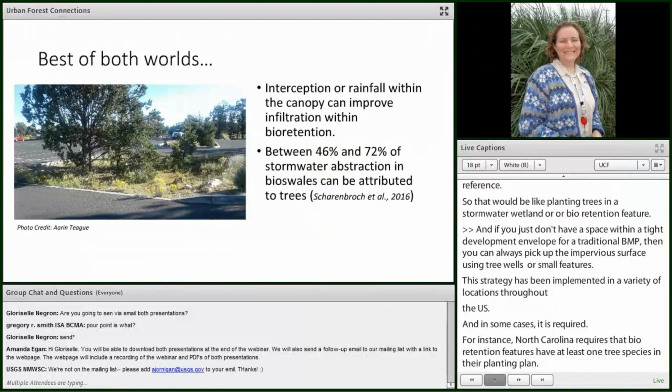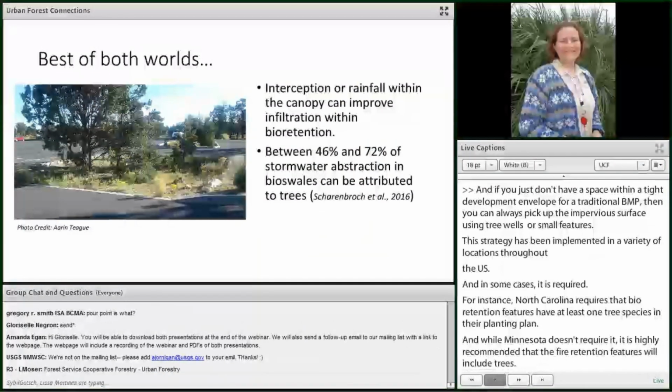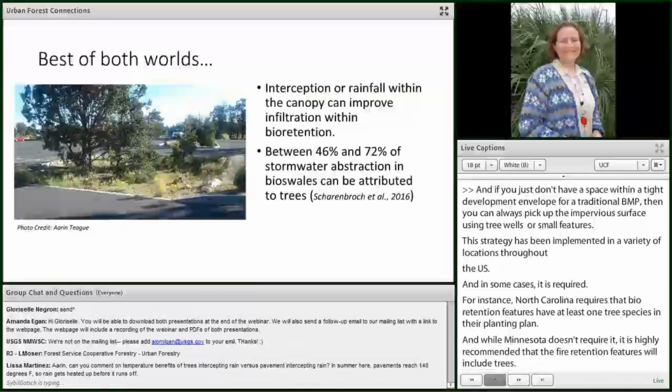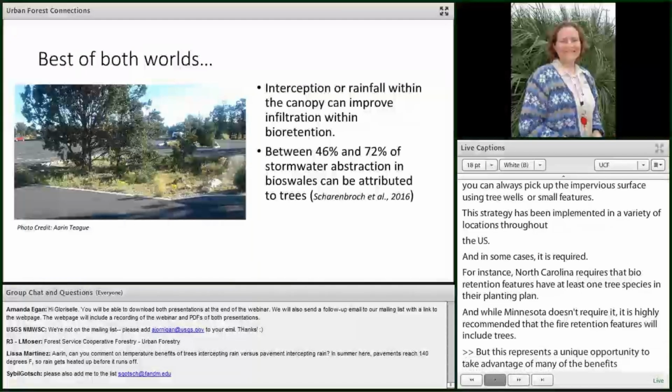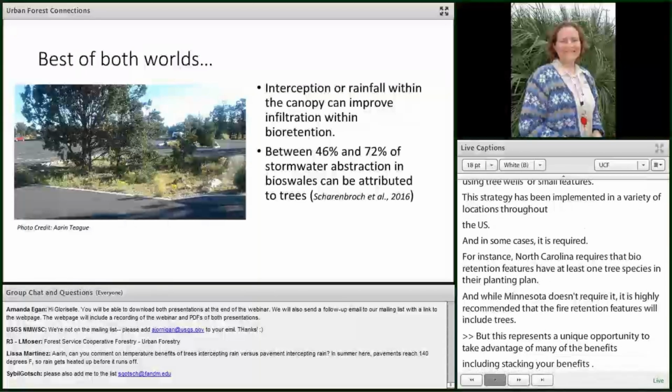But this represents a unique opportunity to take advantage of many of the benefits, including stacking your benefits. By combining bioretention with different trees, you can improve the function of the bioretention. For instance, a study in 2016 estimated that when you have a treed bioswale, somewhere between 46% and 72% of the stormwater abstraction function of the bioswale can be attributed to the trees within it.